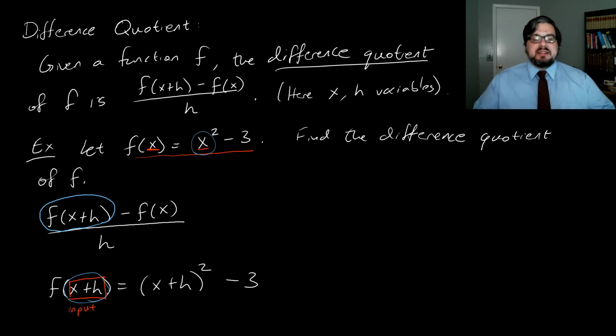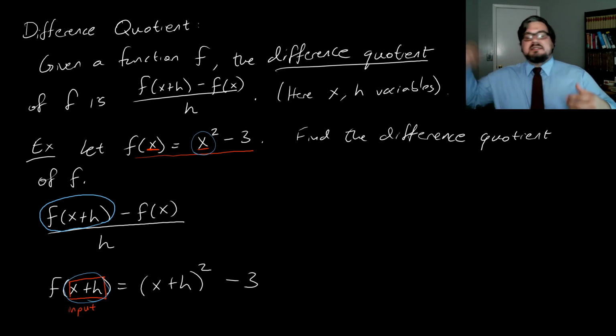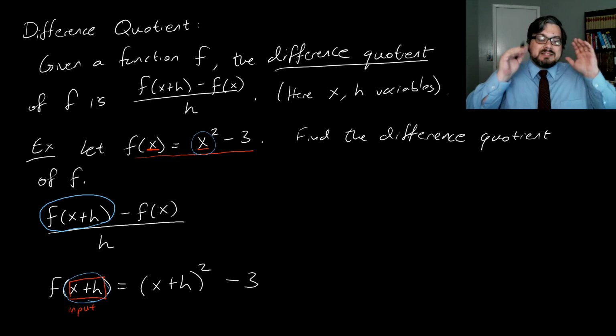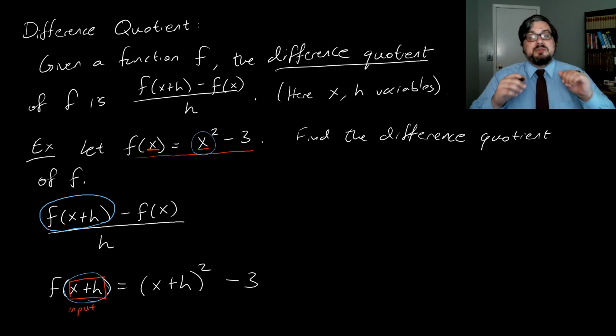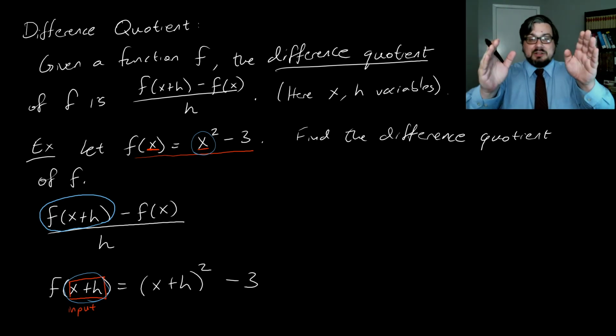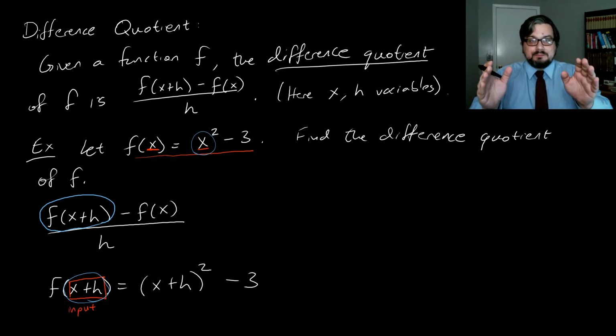I think one of the things that makes this complicated is that people expect this to be more complicated than it is. People expect that, oh, if I take f of x plus h, then that means that I need to add something onto the end of things, or I need to take f twice and add it together, stuff like this. None of that is the case. Whatever is inside those parentheses in the function notation, f of x plus h, that whole x plus h simply gets plugged into the original function wherever x was before.